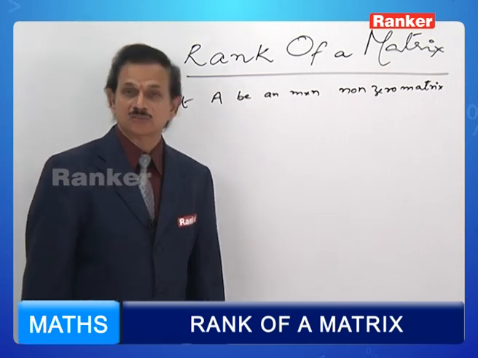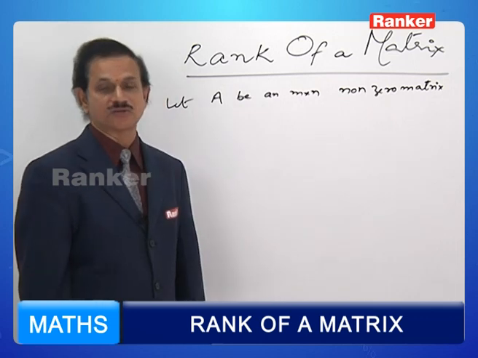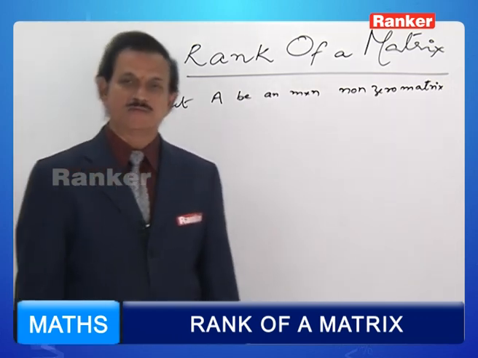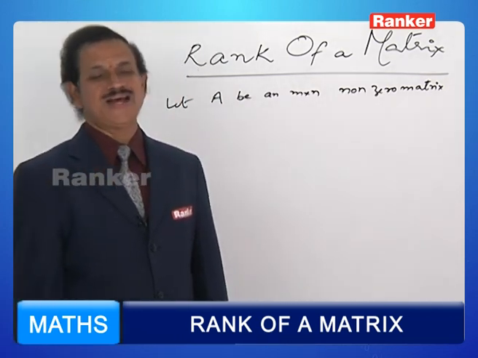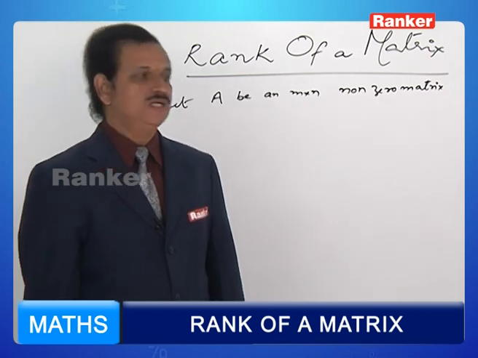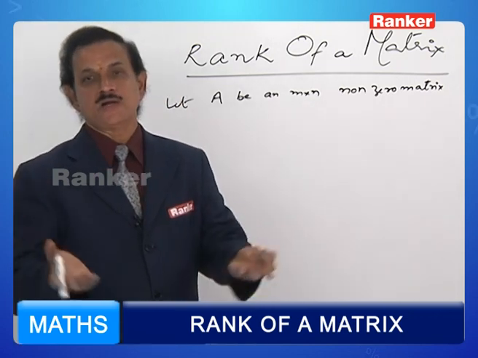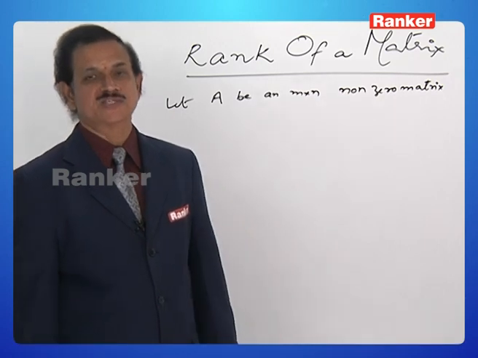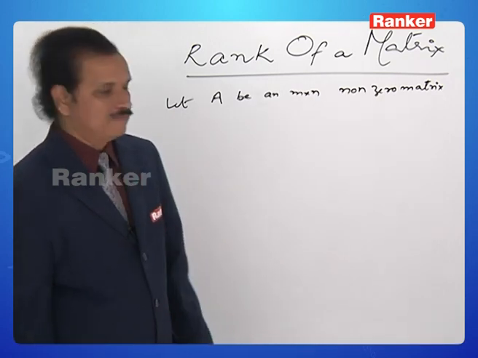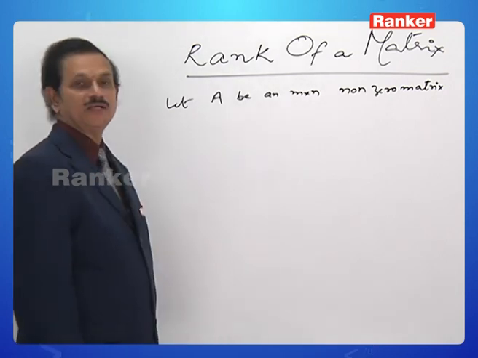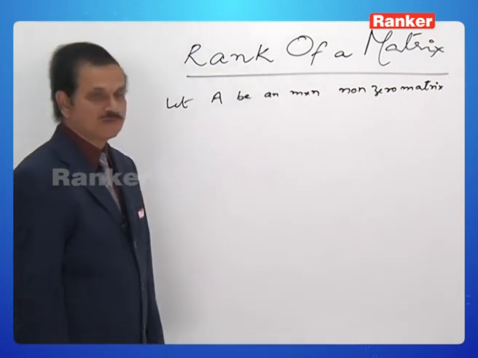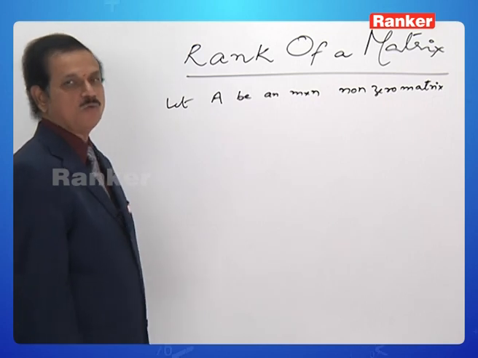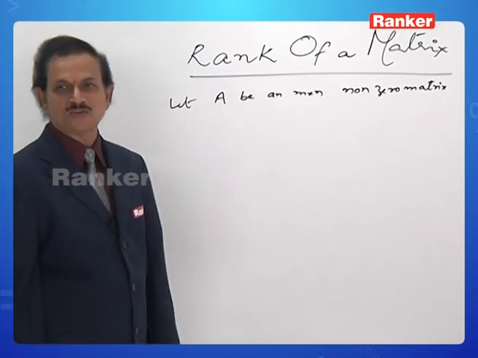Of course, some authors used to define the rank of a zero matrix as 0. We're not interested in it because it is neither harmful nor useful. That is why let us not bother about it. But in the beginning, we define the rank of a matrix A only when it is a non-zero matrix.